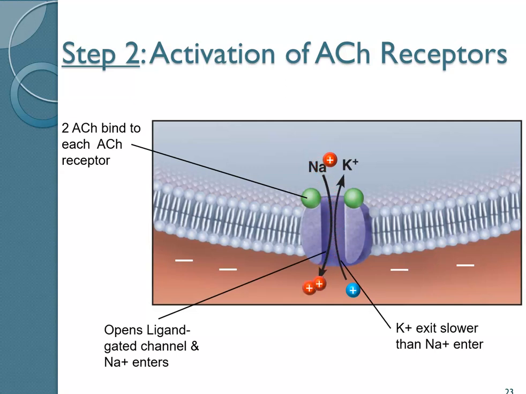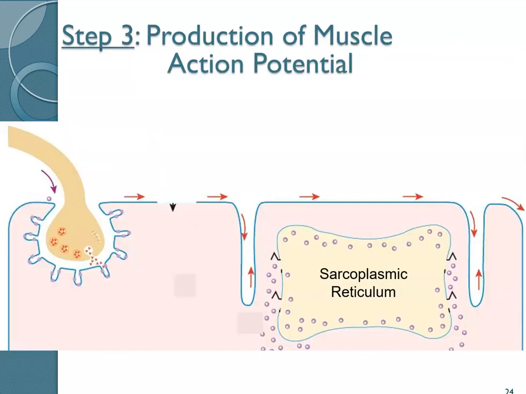So the inside, which is normally at resting membrane potential, is negative, it becomes less negative, let's put it that way. And we'll talk more about action potential in chapter 11. Okay, so it becomes less negative. That triggers an action potential in the muscle fiber. So here the chemicals came in, they cause sodium to come into the cell, so the cell is negative at rest.